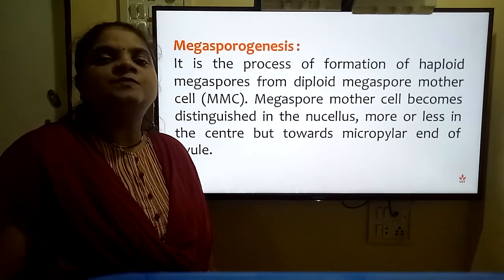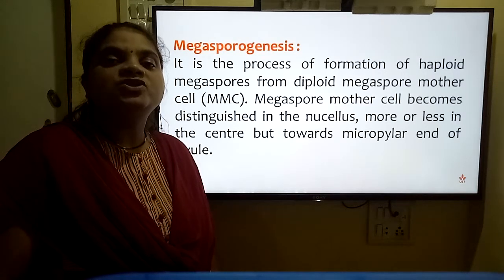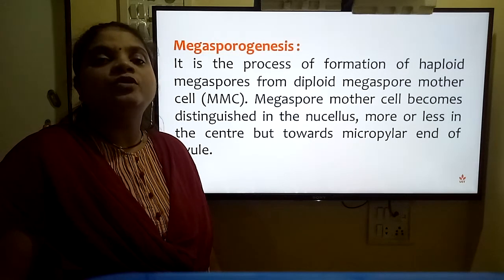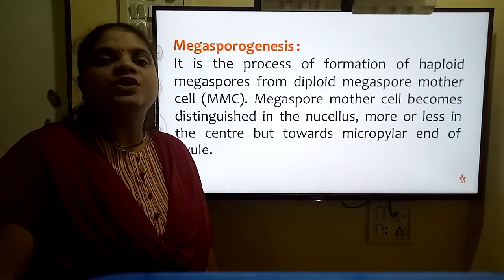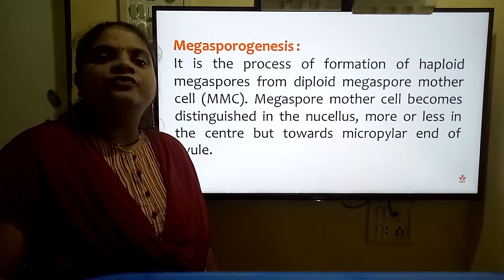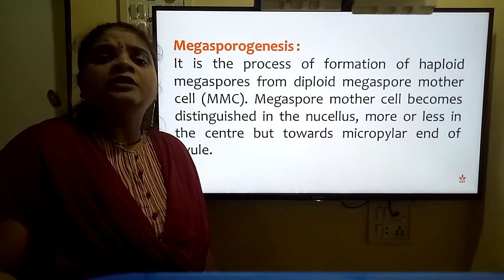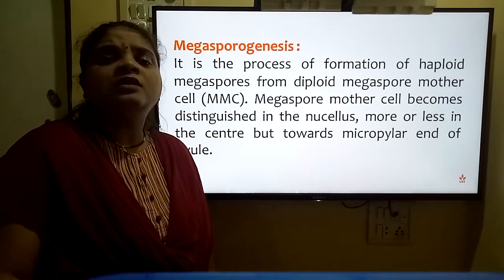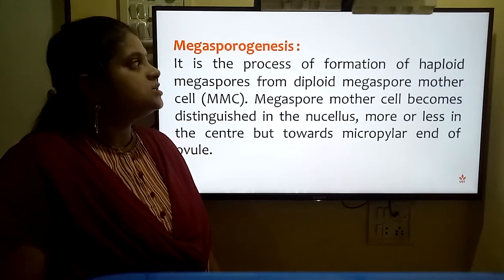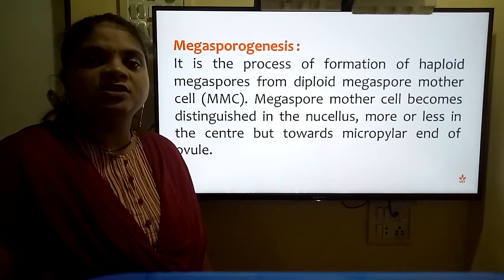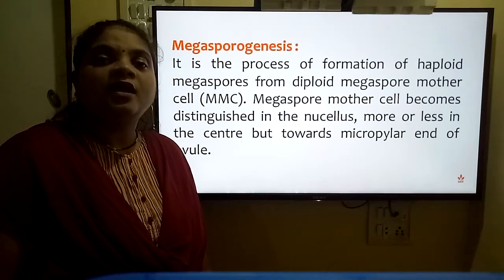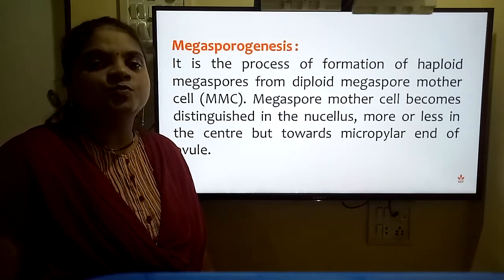Beneath the nucellus there is a special type of cell called the megaspore mother cell, which is distinguished in the nucellus, and which is present more or less towards the micropylar end. So this is megasporogenesis: the formation of tetrad haploid megaspores.